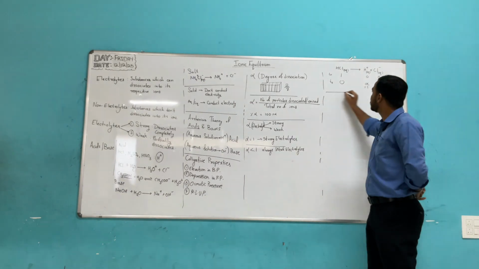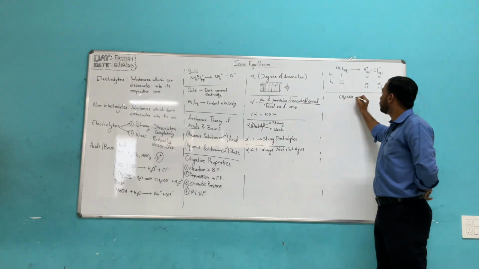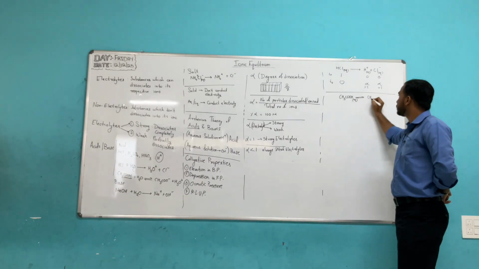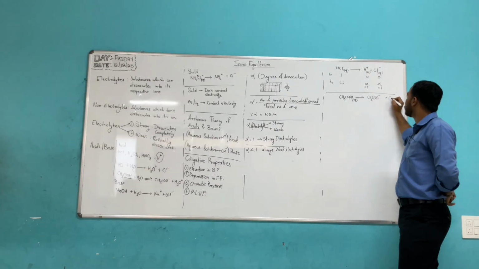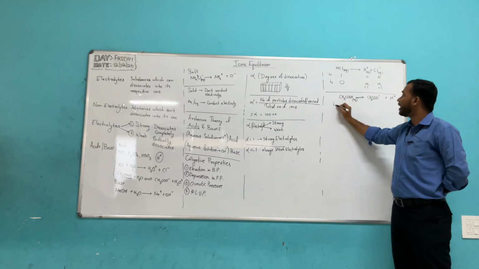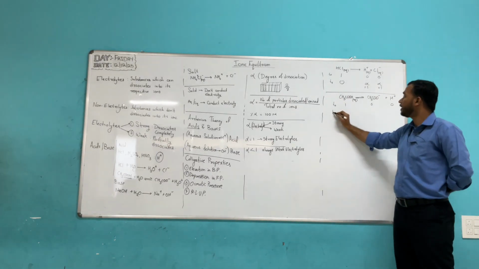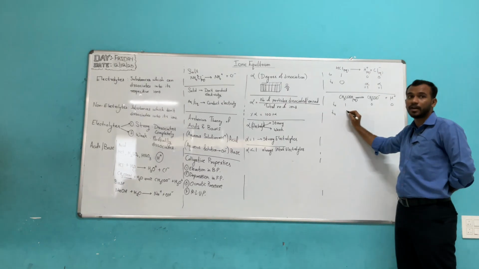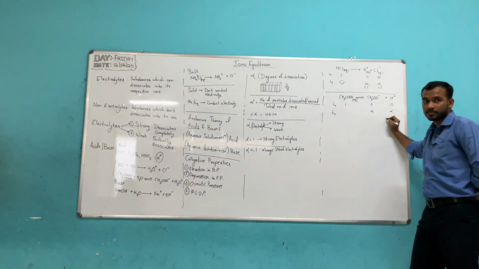But this case is not followed by weak acids and weak bases. Suppose this is aqueous CH3COOH. After dissociation it will form CH3COO minus plus H plus. Initially at t equals 0 they are 1, 0, 0, but at time t they have some value. Suppose alpha is getting dissociated.